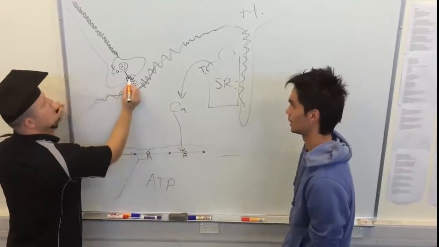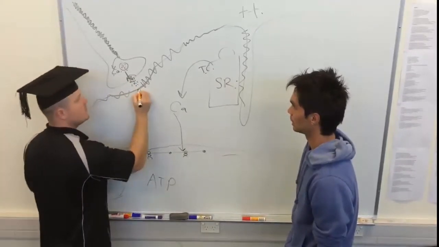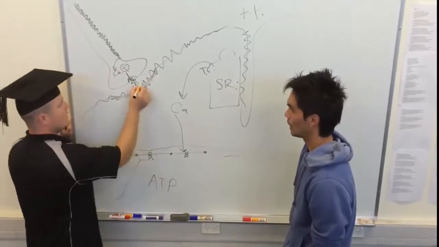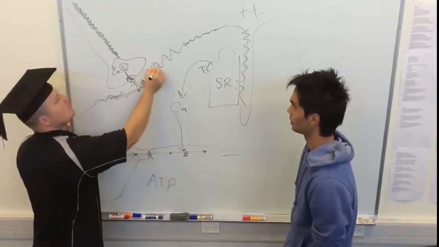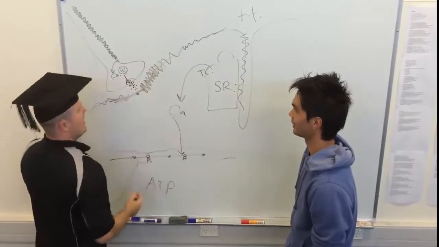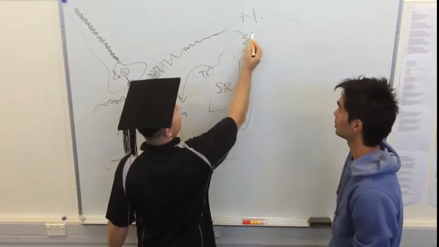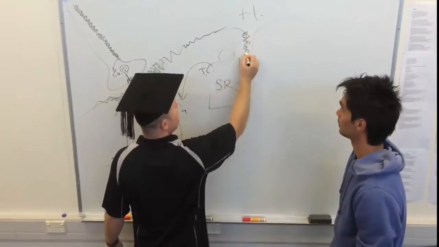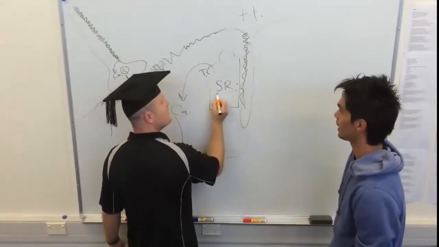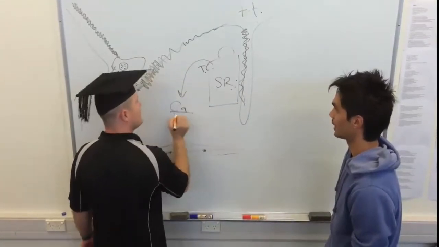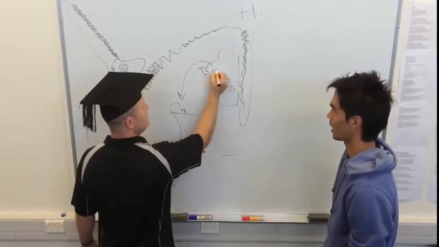Good. Acetylcholine then binds to receptors on the motor end plate, which create a new action potential, which goes along the sarcolemma, and then it has to get inside via the T-tubules. So the action potential goes down the T-tubule and stimulates the sarcoplasmic reticulum, then calcium is released via the terminal cisternae.